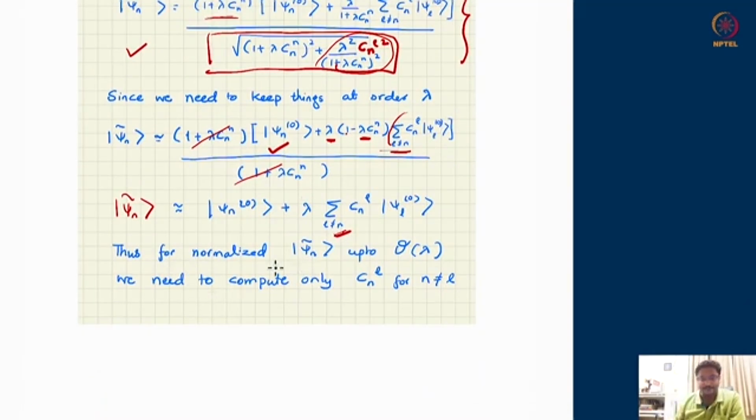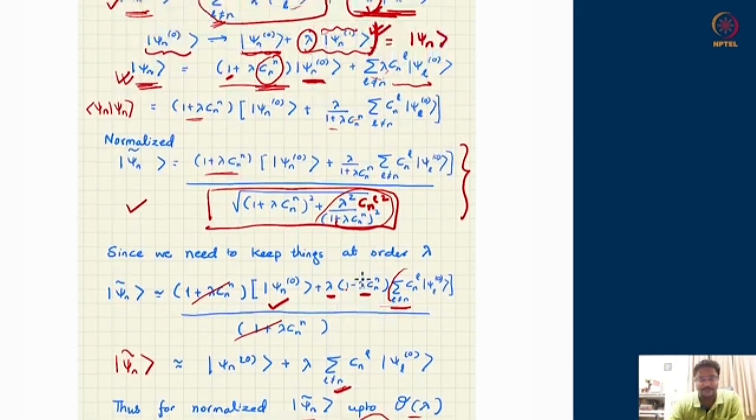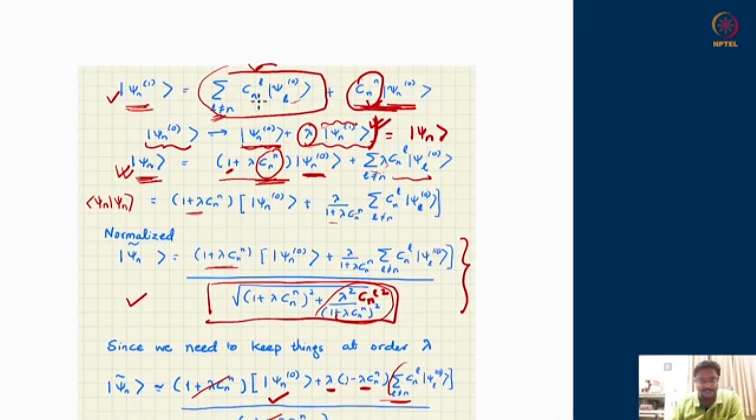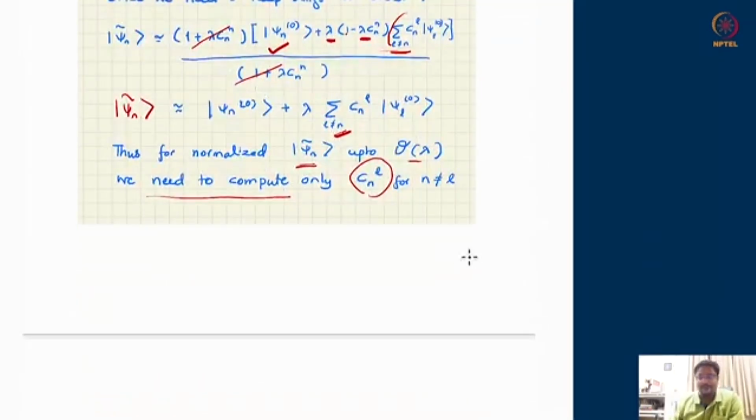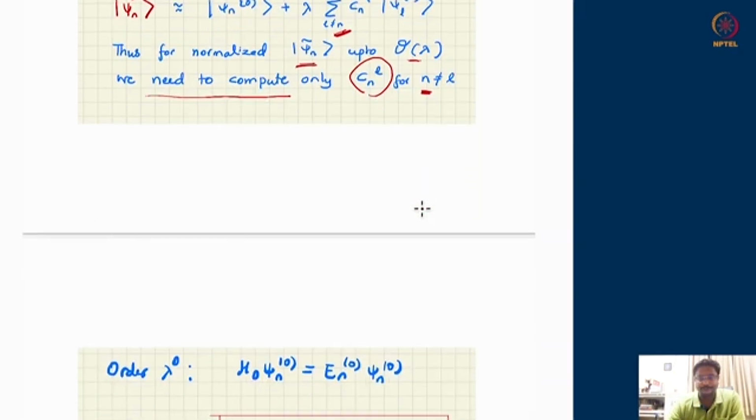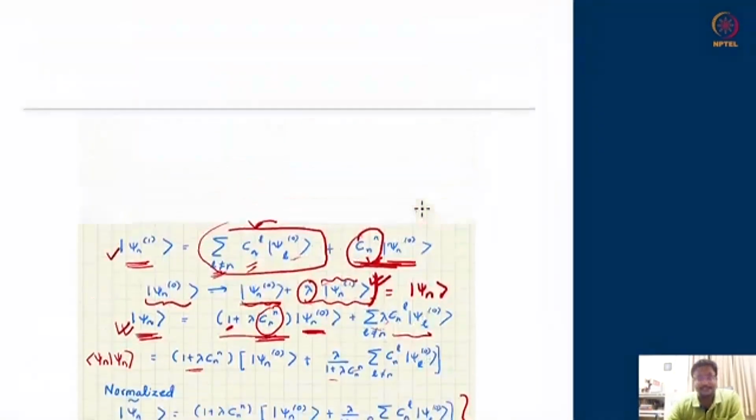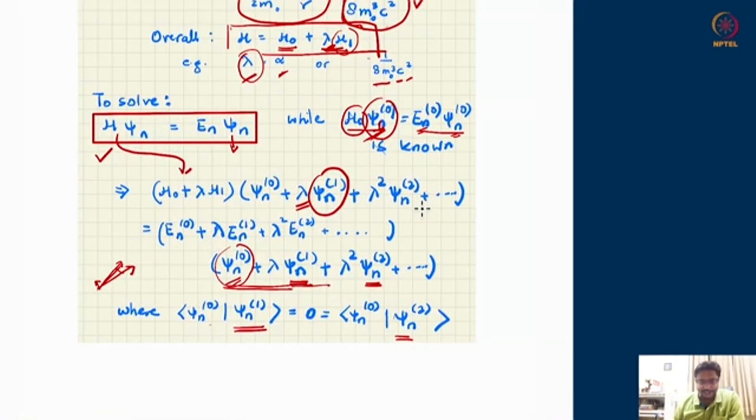Therefore, for normalized psi n tilde up to order lambda, we only need to compute the C_nl's. The C_nl's were the coefficients along the different basis vectors, which do not include the n. N is the eigenfunction for which we are trying to find the corrections. So that is another way of saying that the correction terms are orthogonal to psi n0.